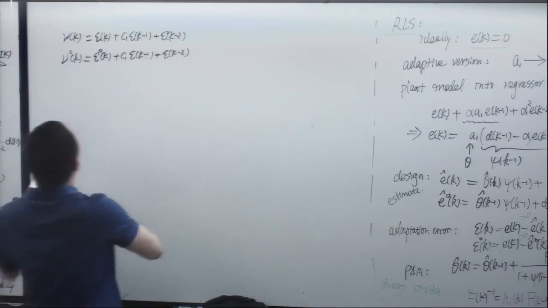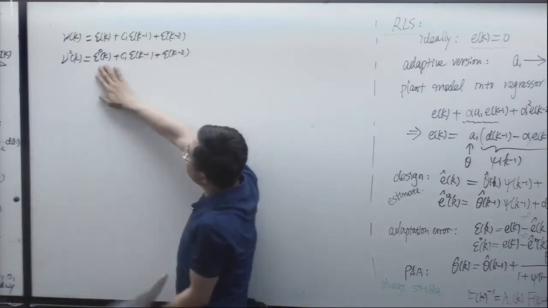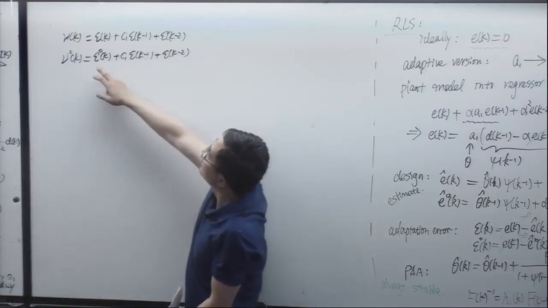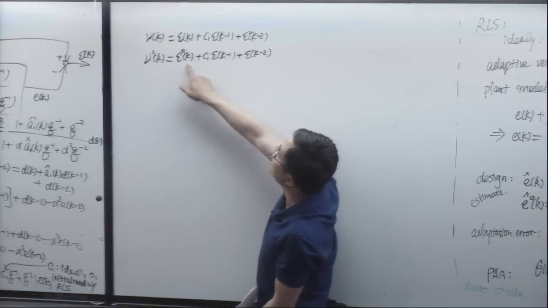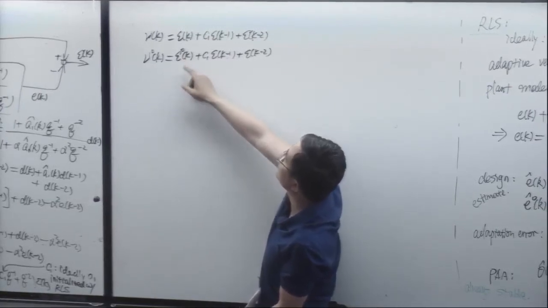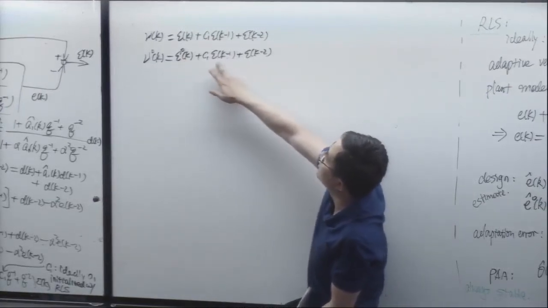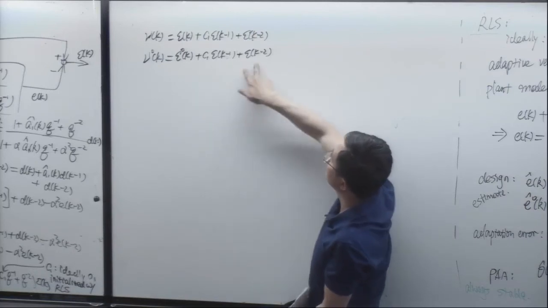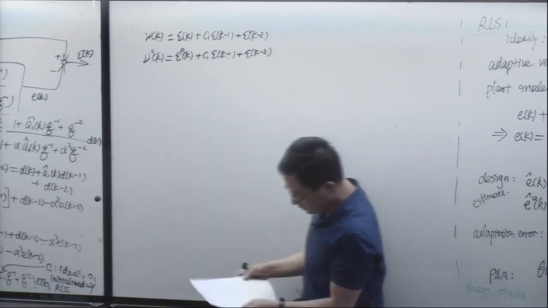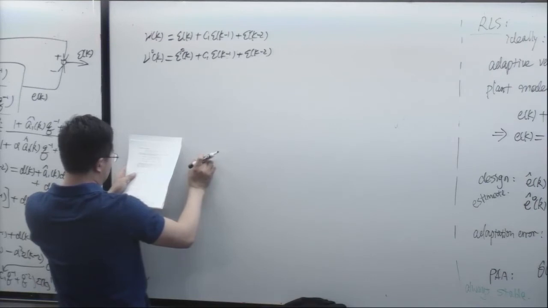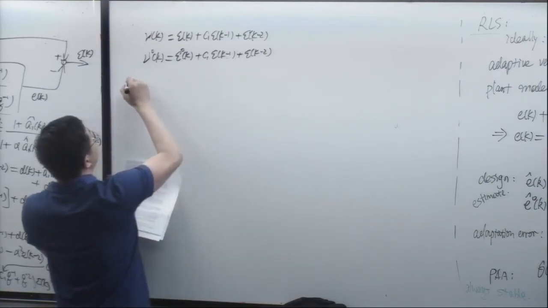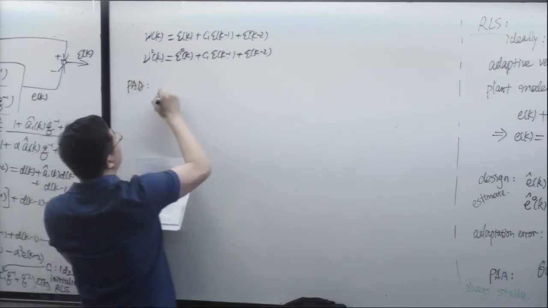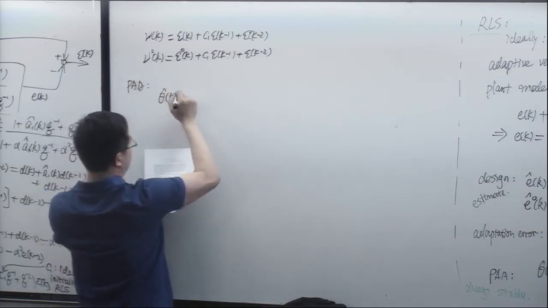The a priori version is going to use whatever is possible at time k. At time k, the only implementable version is epsilon naught k, the a priori version of epsilon. And then these two are available, so they are implemented in here. And the final PAA is epsilon theta hat.